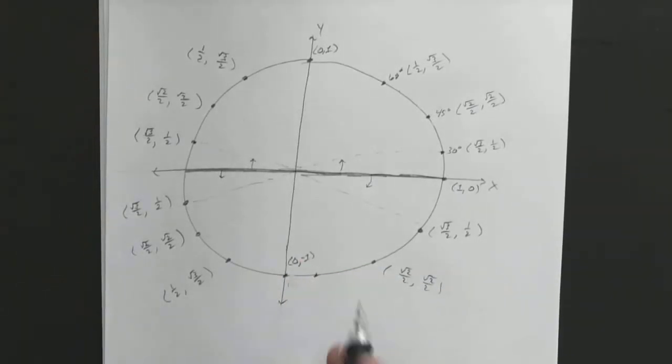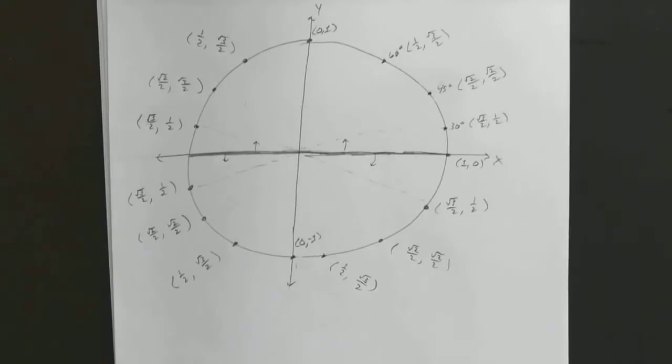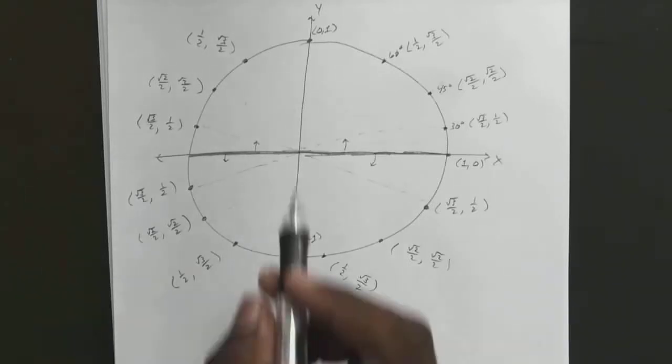If we swung it 60 degrees that way, we'll be at 1/2, square root of 3 over 2. Okay. So you can see just swinging it back and forth across the x-axis is pretty much the same thing. The only thing that makes those points different is whether or not it's positive or negative.